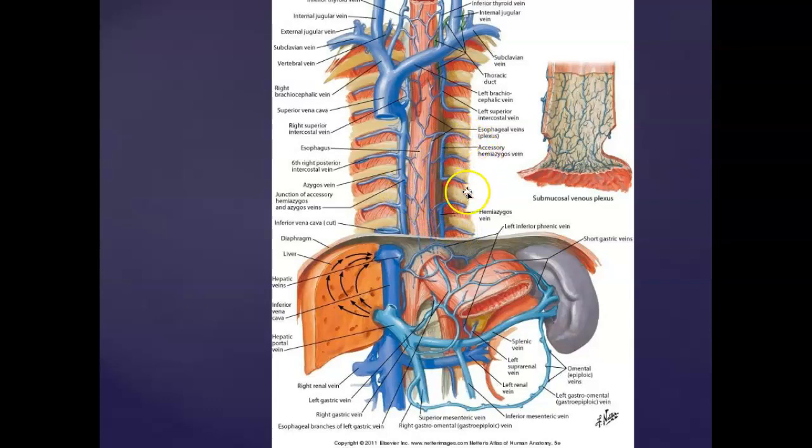T4 through 8 roughly on the left, draining into the accessory hemiazygous, going into the azygous, behind the esophagus again. And then the superior intercostal veins, draining the first three intercostal veins, dumping back into the left brachiocephalic vein before it will enter the superior vena cava and then again into the right atrium. Okay, so a little bit different venous drainage of the thoracic cavity.